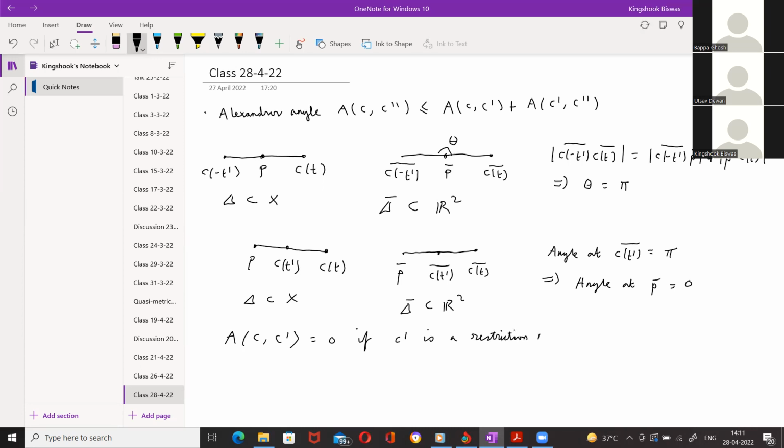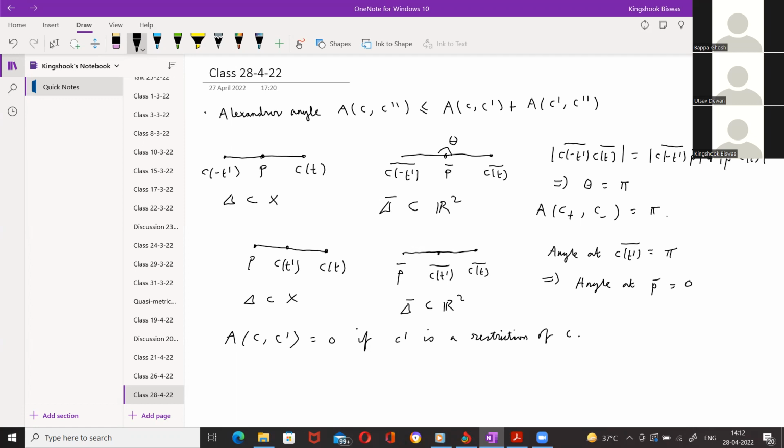Is this clear? Okay. And above we have that the angle between C plus and C minus is pi. So are these two properties clear? Yes? Yes, is this okay?